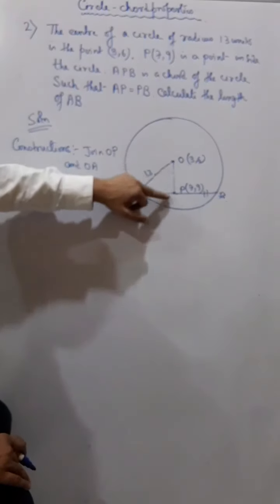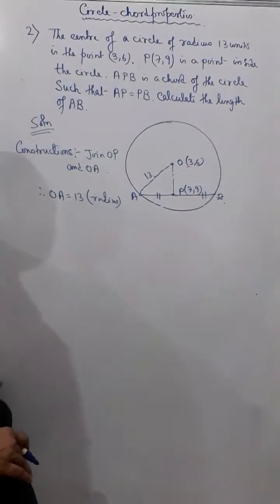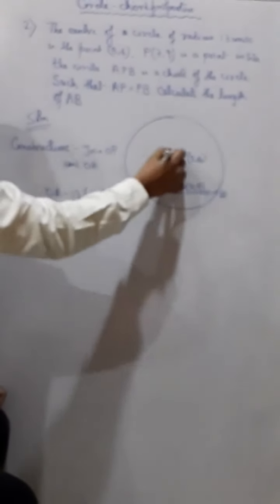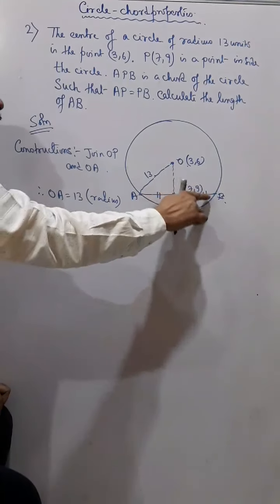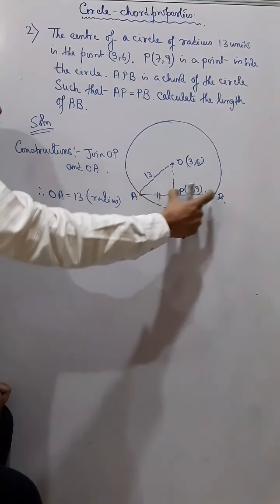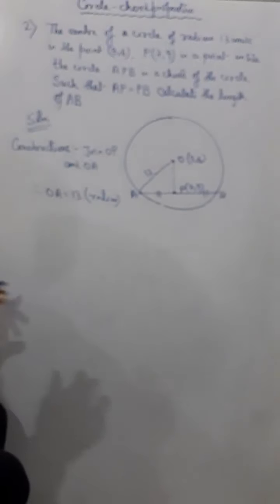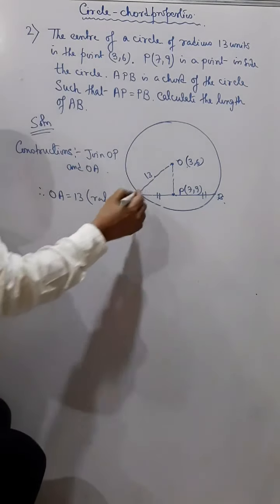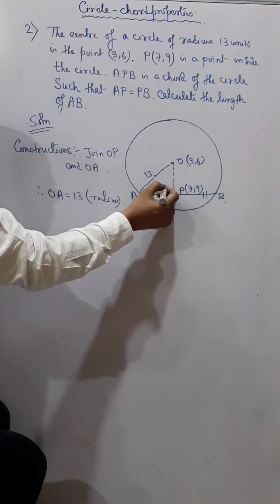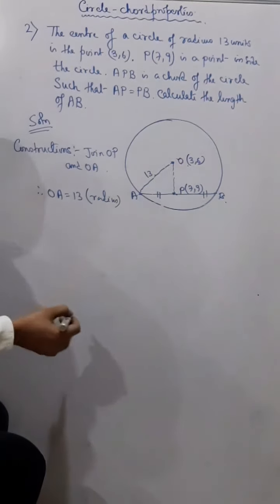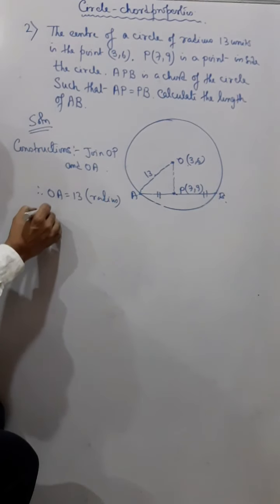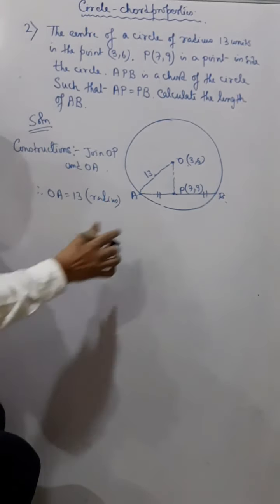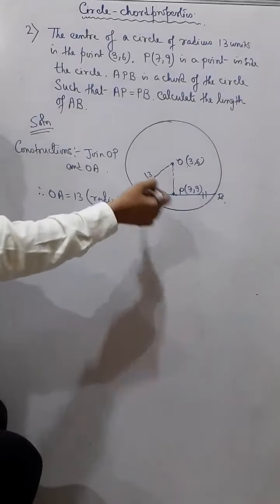I hope you have done distance formula in coordinate geometry, so we will use it to get the length of OP, and then we can use Pythagoras theorem to get AP, and then double of AP will be AB, because you know AP equals PB. But first we have to prove that this is 90 degree, right? So we have to use a theorem. Okay, first let us find OP and then we can do that.